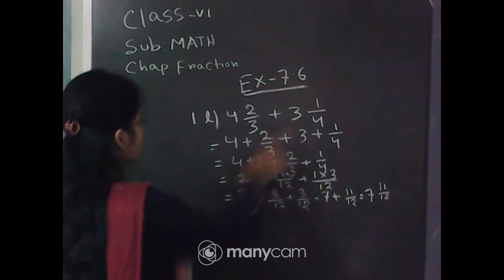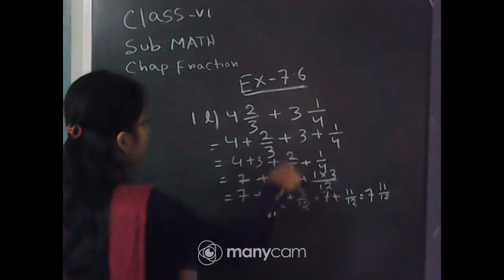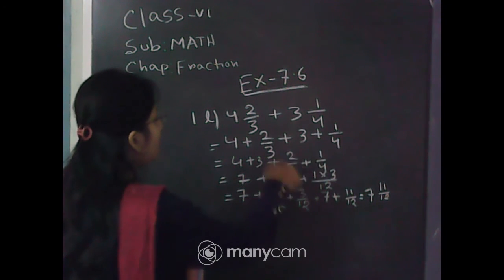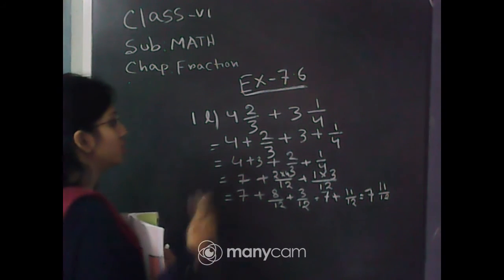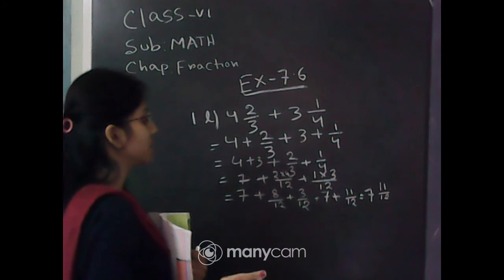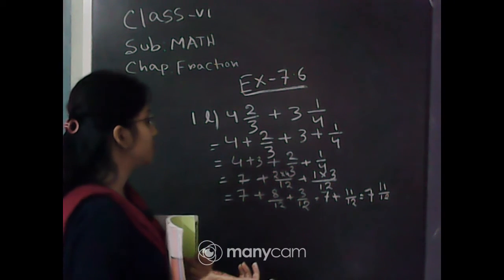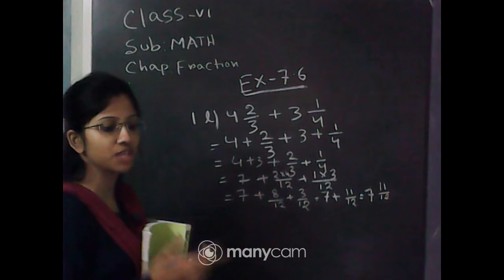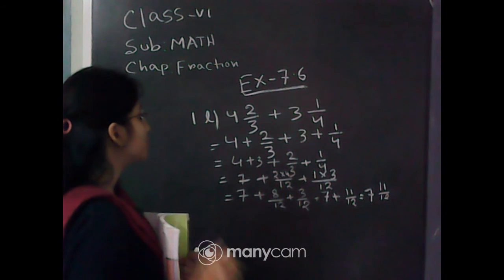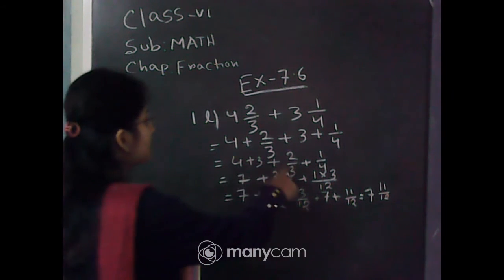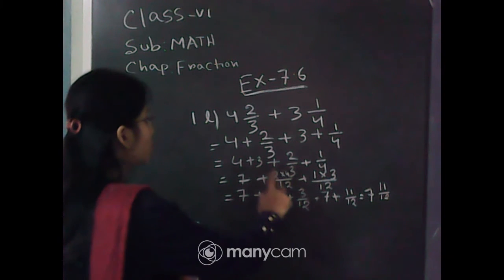Now, 4 plus 3 plus 2 by 3 plus 1 by 4. These are unlike fractions, therefore we need to find their equivalent fractions which have a common denominator, and the common denominator is given by the LCM of 3 and 4, and the LCM of 3 and 4 is 12.